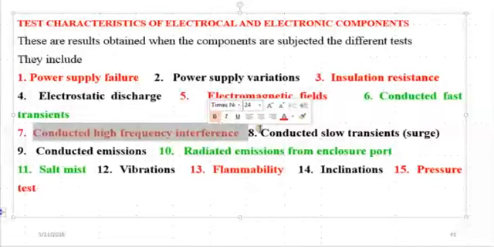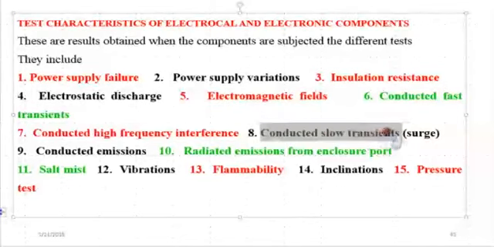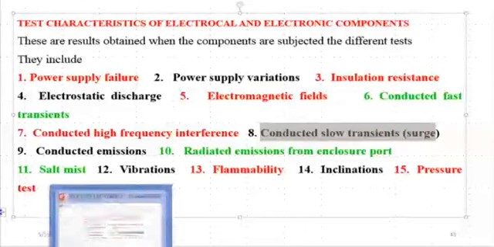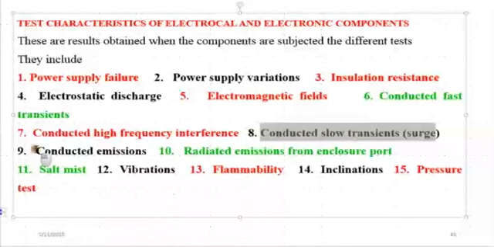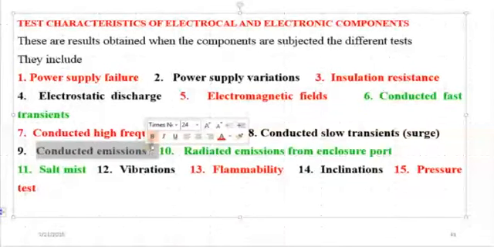And also we have what we call conducted slow transient surges. That is a sudden increase in the value of voltage or current, but at a very low frequency, that is slow transient. And we have conducted emissions, that is emission of gases, radioactive, from the devices.